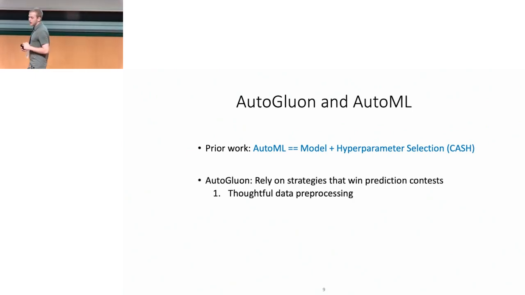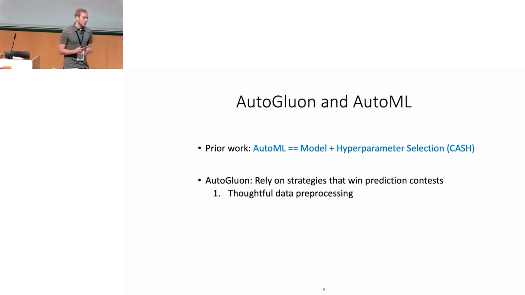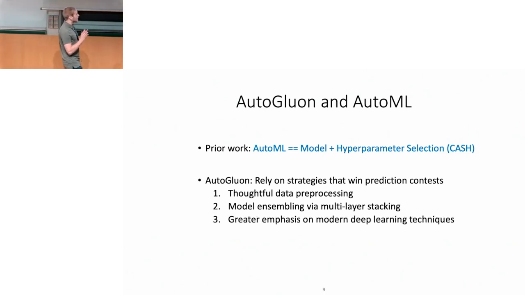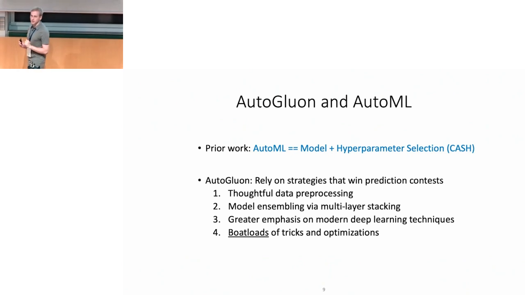But AutoGluon is different in that it relies instead on strategies that win prediction contests on sites like Kaggle through thoughtful data preprocessing, model ensembling via multi-layer stacking, a greater emphasis on modern deep learning techniques, and boatloads of tricks and optimizations.